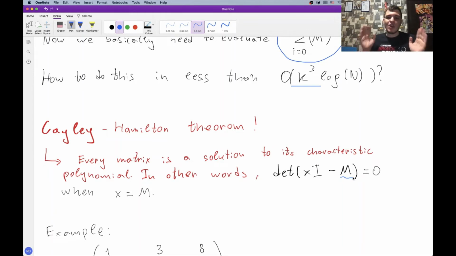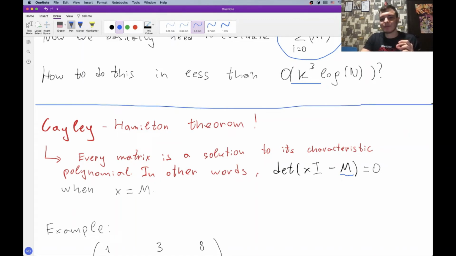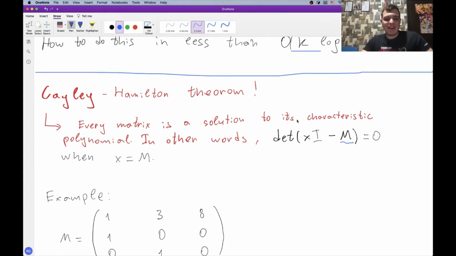Because we already simplified our problem to just finding the sum of the geometric progression for some certain matrix. That's why now let's see what the Cayley-Hamilton theorem does. It says that every matrix is a solution to its characteristic polynomial.